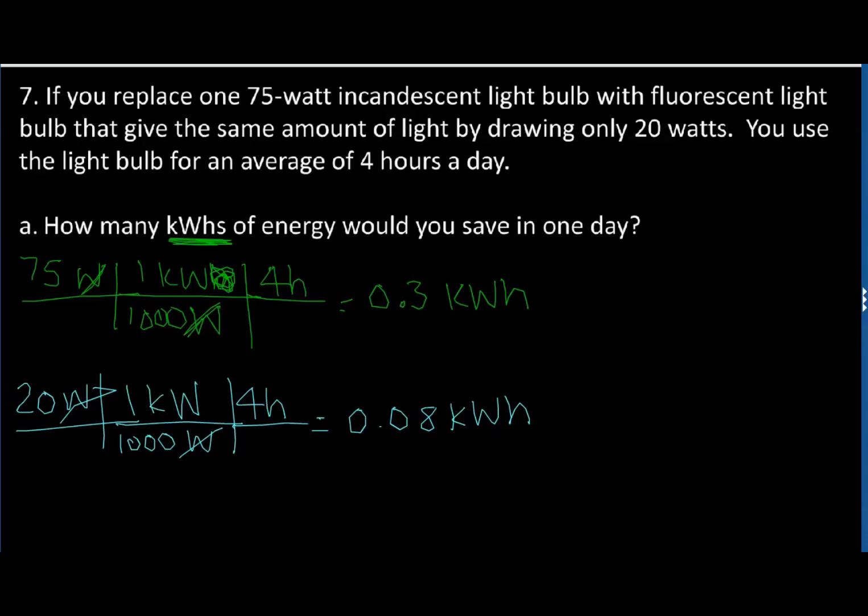And now we can just take the difference between the two. So we'll do 0.3 minus 0.08. And we're going to save 0.22 kilowatt hours a day.